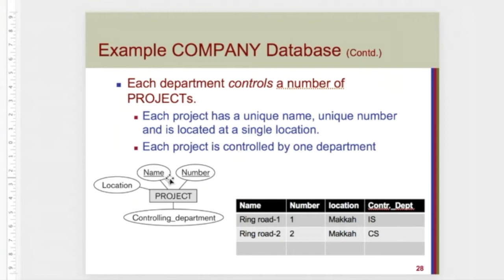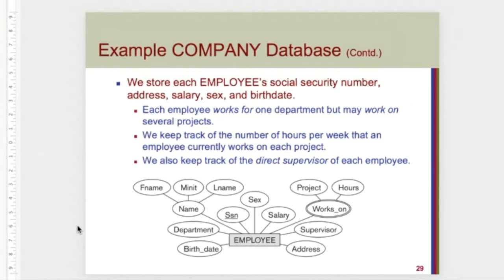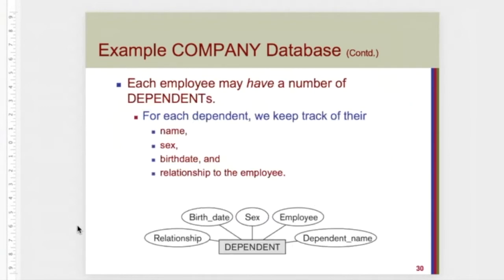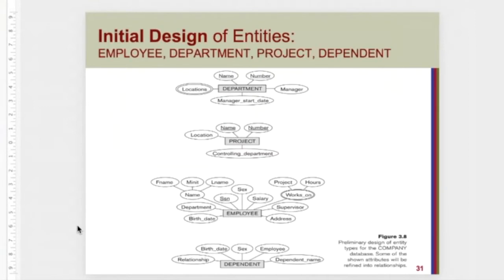It has 2 key attributes, name and number. Its location and controlling department are single valued attributes. Similarly, employee and dependent, we saw them. Together, we saw 4 examples: example number 1, 2, 3, and 4.